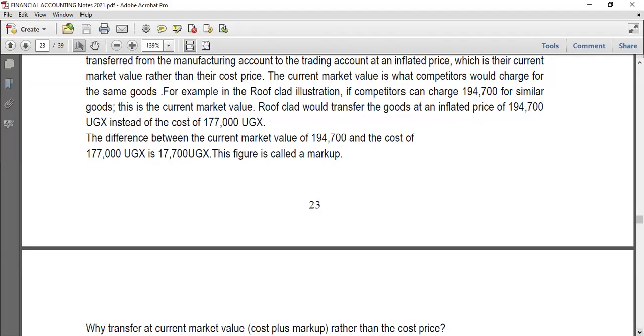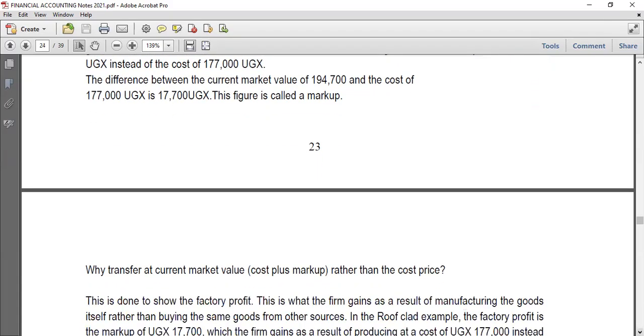That's what we are calling the unrealized profit. Remember, profit is only realized when you've sold. So the factory profit or markup on the closing stock is unrealized at the end of the financial period, because you've not sold that inventory.